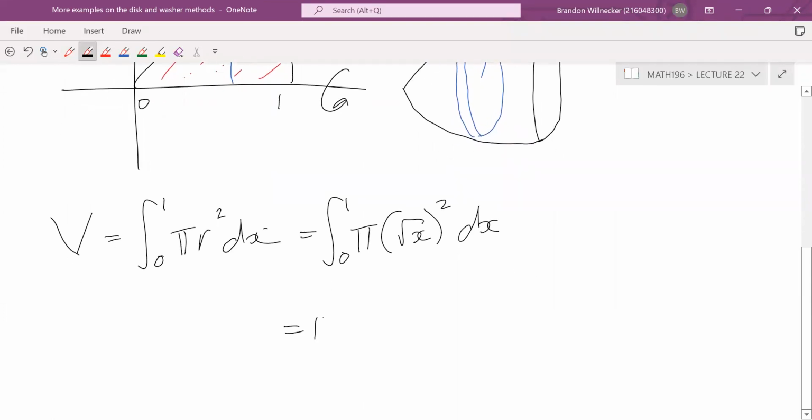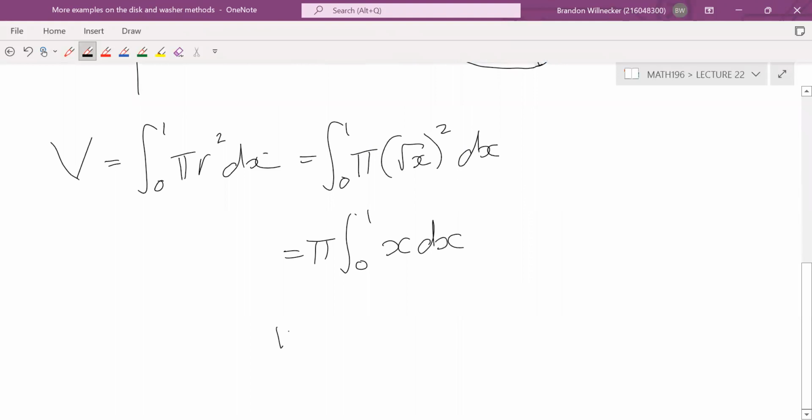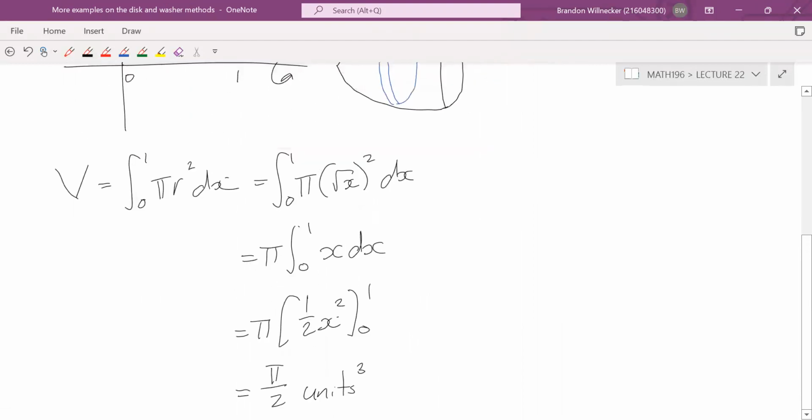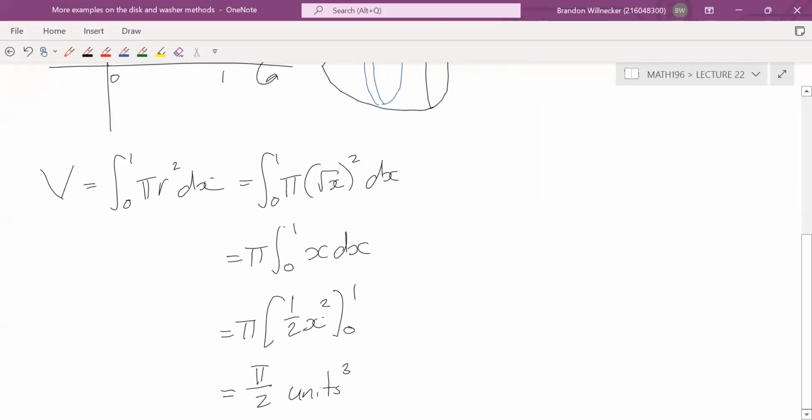So this is going to be pi integral from 0 to 1 of x dx. So that's going to be equal to pi times 1/2 x squared from 0 to 1. So this gives us pi over 2 units cubed. Okay, so then that's the volume of the shape that's produced.